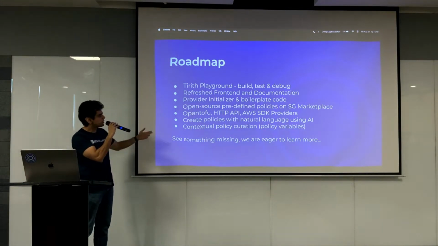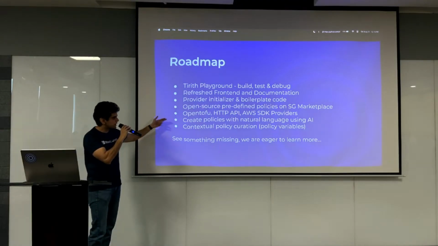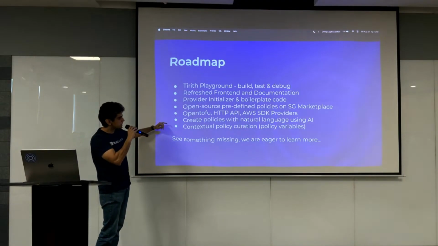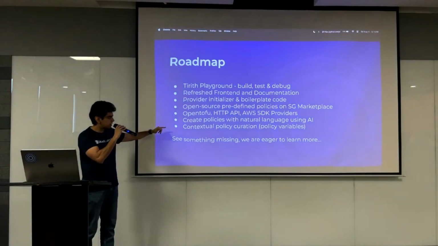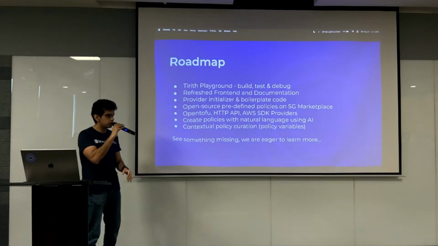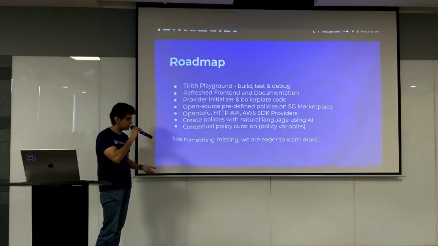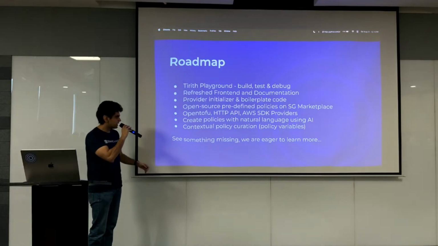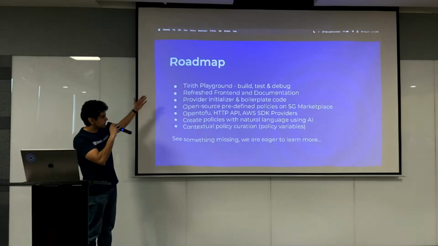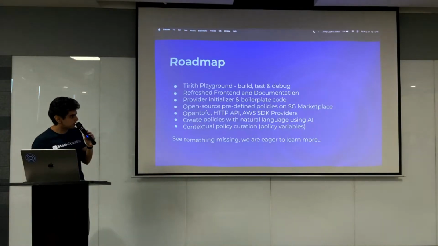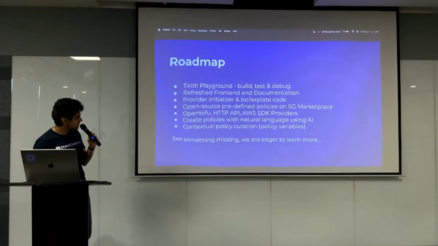And we want to write providers for HTTP API and AWS SDK. We are also working on something called Terrace Copilot, where you tell AI what you want to write a policy for, and it will generate the Terrace policy for you. So in case any of this interests you, you can join us on Slack and we'll help you out to start working with it.